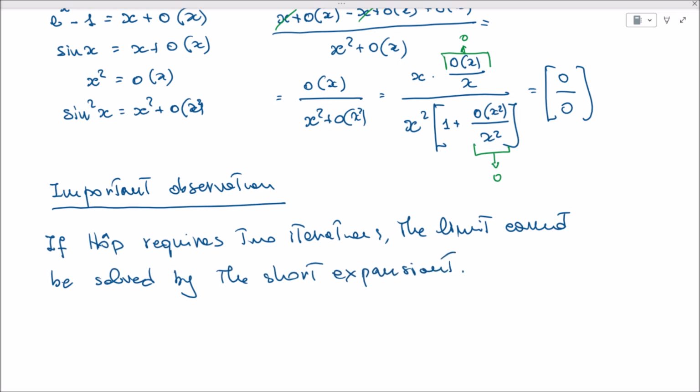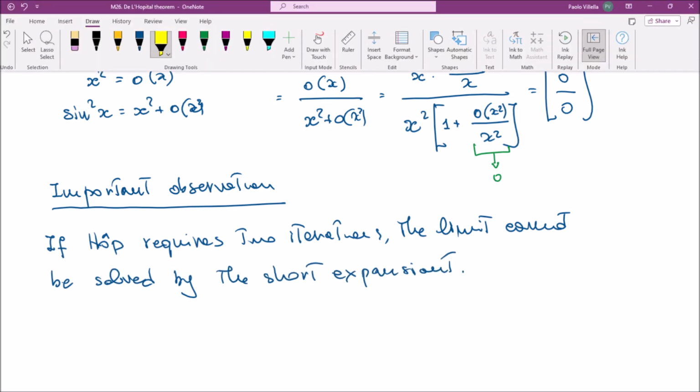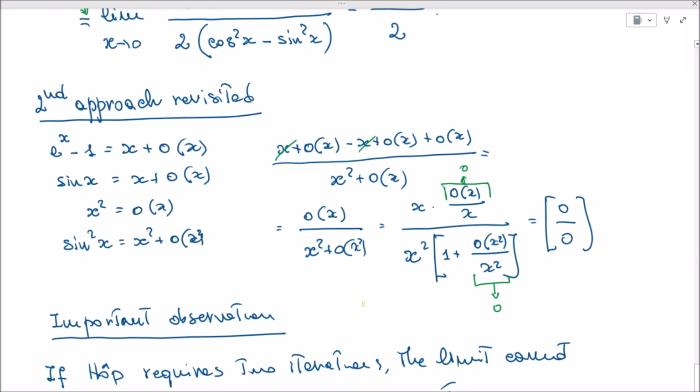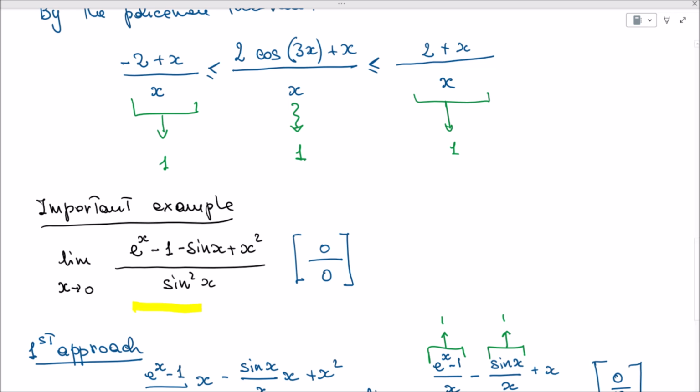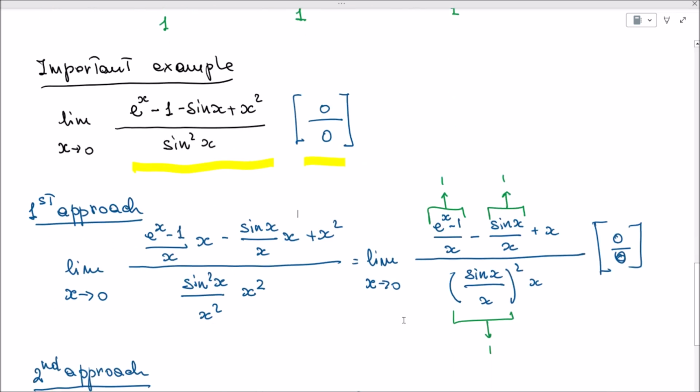So let me comment a little bit more on this. Let's review what we have done so far. We started with this limit. We realized that we were in the undetermined form 0 over 0. The first approach was just applying the fundamental limits, but it didn't help because we were still in the undetermined form.